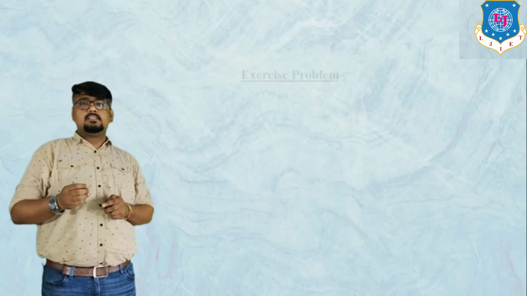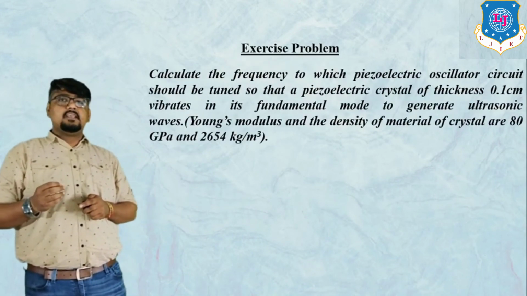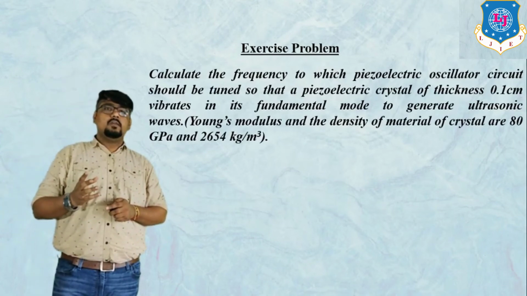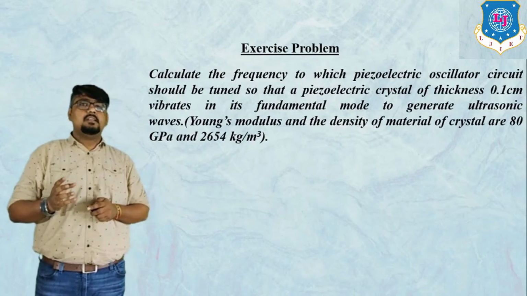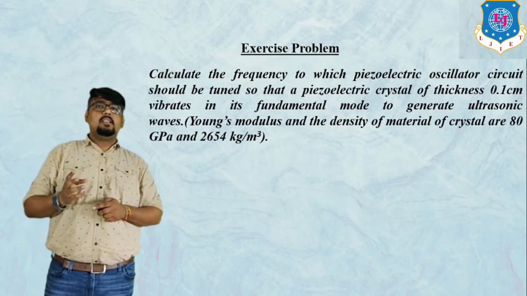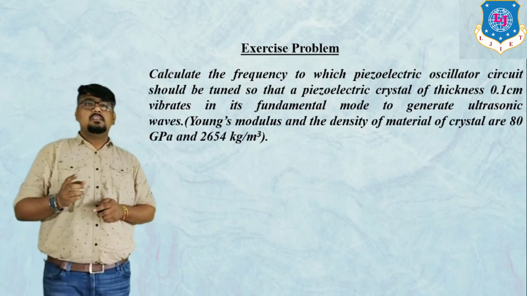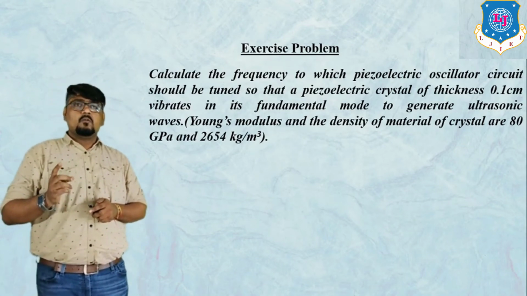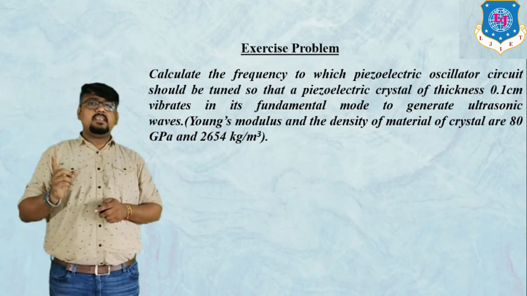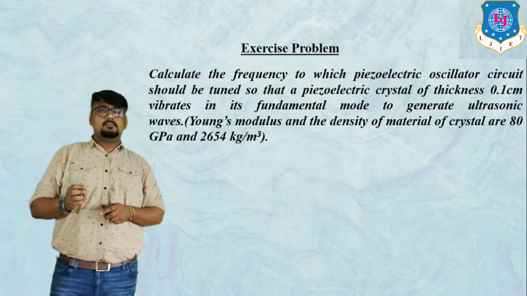Now let us understand one example or exercise problem. In that, let us take the given data. Calculate the frequency to which the piezoelectric oscillator circuit should be tuned so that the piezoelectric crystal of thickness 0.1 centimeter vibrates in its fundamental mode, that means p equals 1, to generate ultrasonic waves.